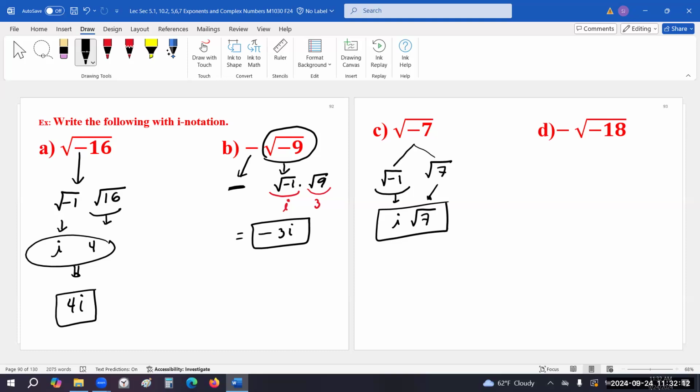Try D by yourself. We are simplifying square root of -18. Done? What do you have?